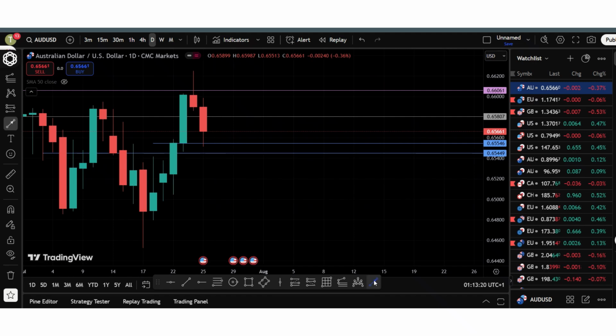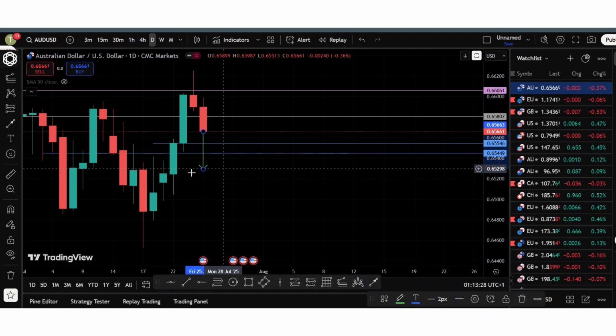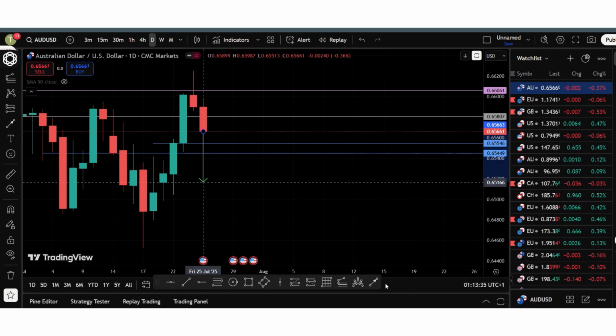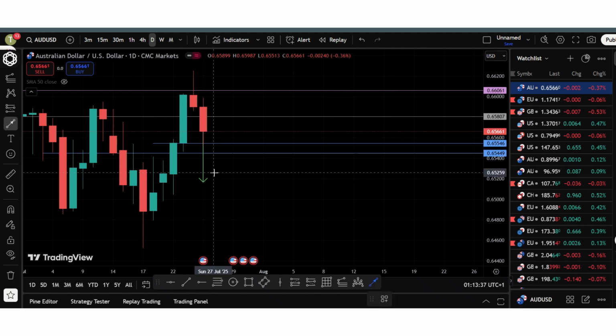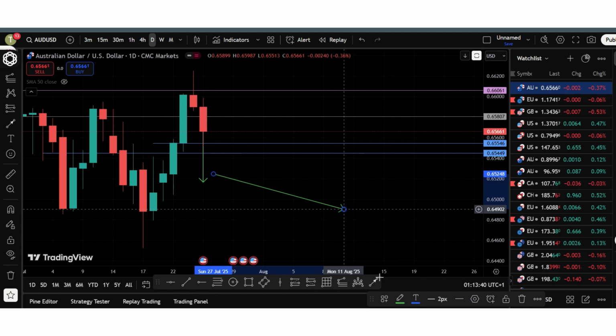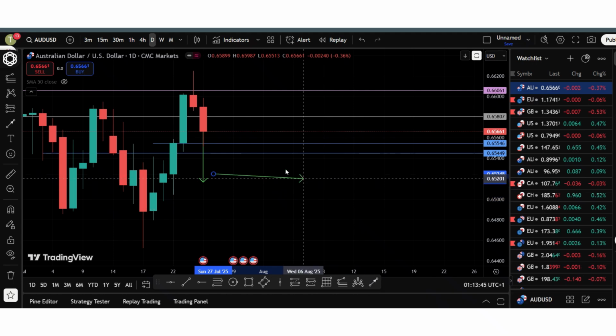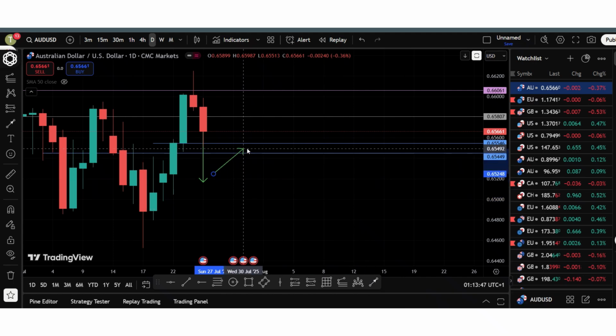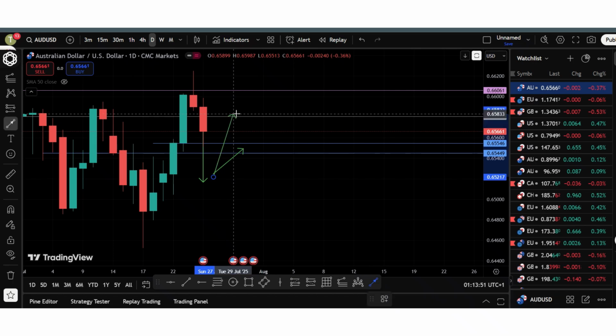Look at this candle. If this daily had closed below this level, next week I'd be expecting a retracement either off this same level or a level above here.